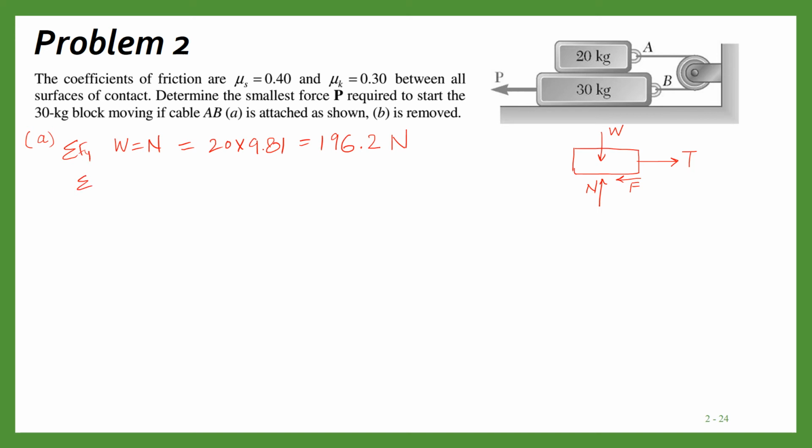Similarly, we can equate this is summation Fy, and summation of Fx should also be 0. That means this T should be equal to F. Okay. Now F we can calculate. F will be equal to mu S into N, and mu S is 0.4 while N is 196.2.